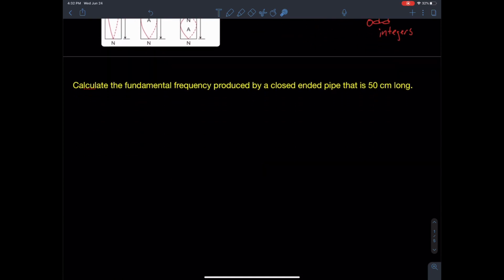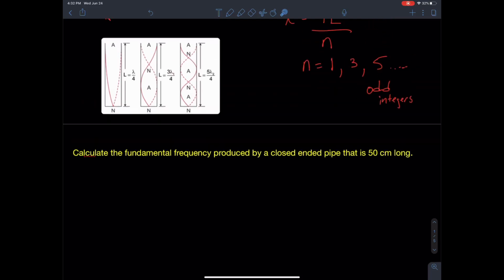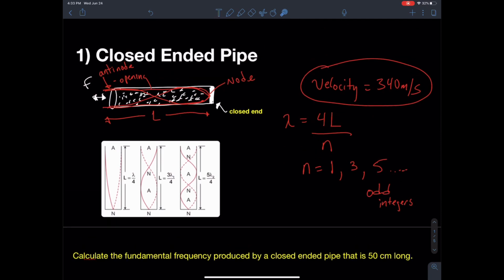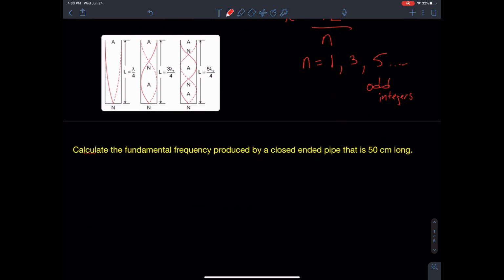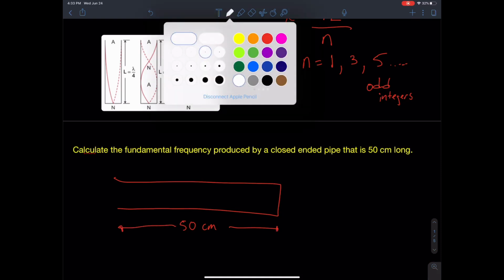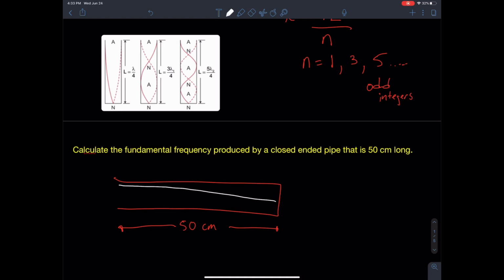So the first question is, calculate the fundamental frequency produced by a closed-end pipe that's 50 centimeters long. So let's imagine that L is 50 centimeters. The first thing I'm going to do is calculate the wavelength. If I have a 50 centimeter tube, that wavelength that's going to form is going to look like that, a quarter wavelength.